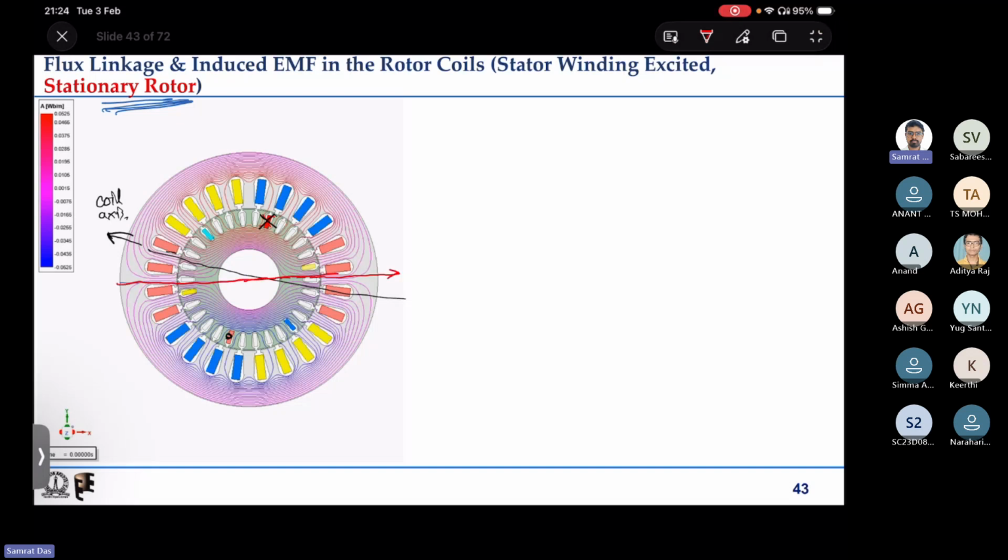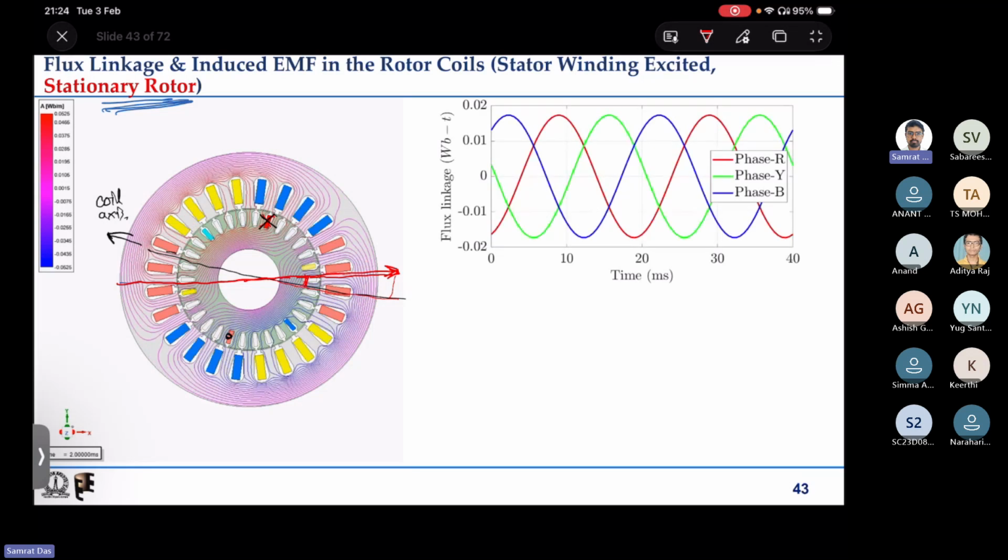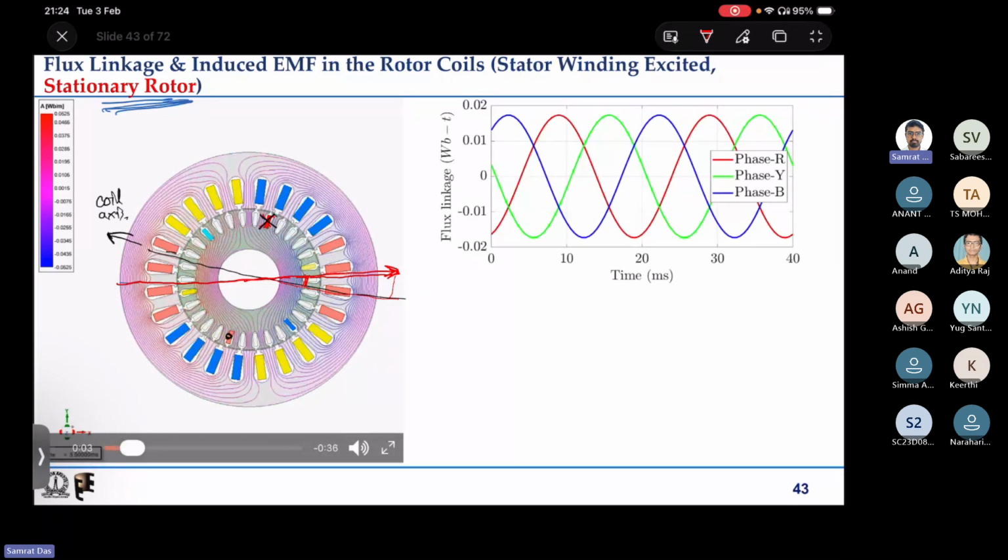This is the magnetic field axis. Now you can see that if we take two components of the magnetic field axis, the component that is perpendicular is actually opposite to the coil axis. That means the flux linkage of the R phase is actually negative. That is what you can see here. Flux linkage of the R phase is negative when we start from 0.